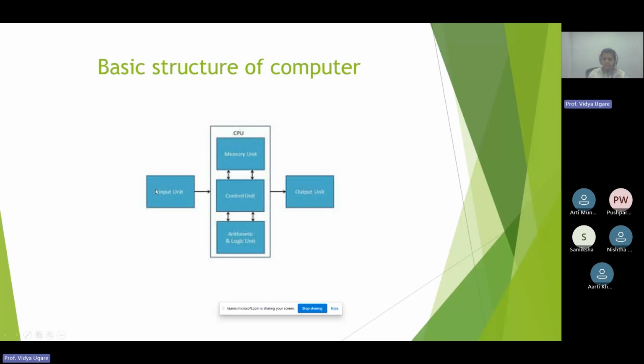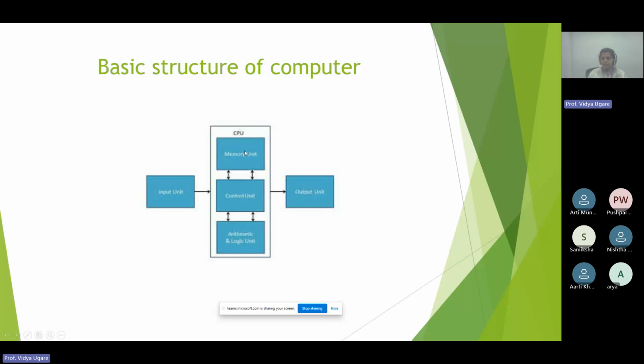The input unit is responsible to accept the input from the user. Once the user gives the input, it goes to the CPU. In the CPU we have three components here: the memory unit, control unit, and arithmetical and logical unit.